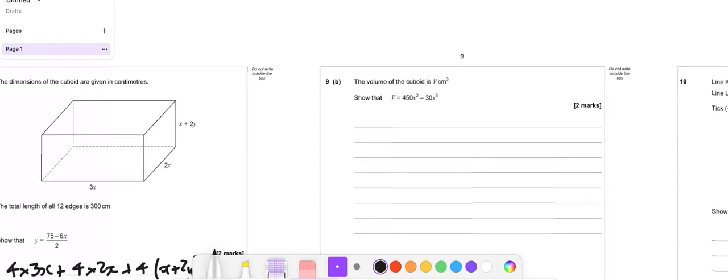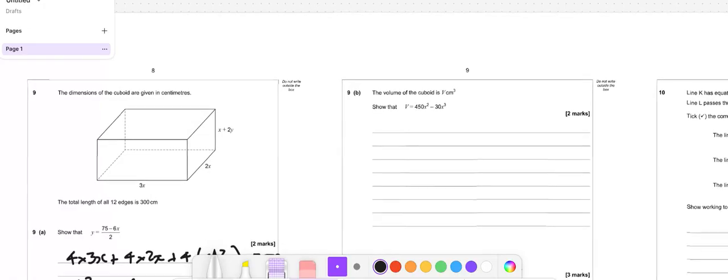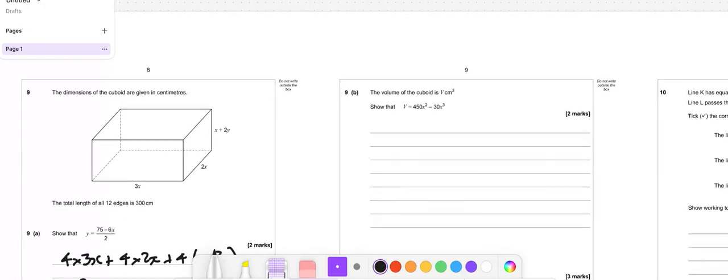The volume of the cuboid, show that the volume is that.